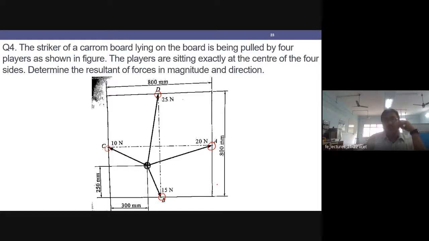And the length of the whole board is given as 800 millimeters, that means 0.8 meters. Other distances are 0.25 meters and 0.3 meters. I am supposed to find the resultant of the forces in magnitude and direction.